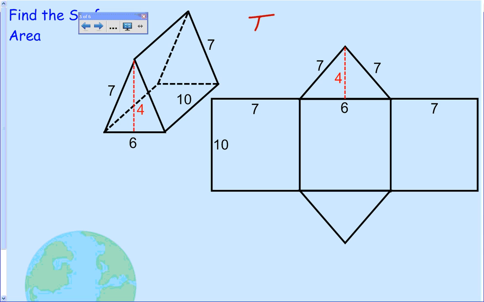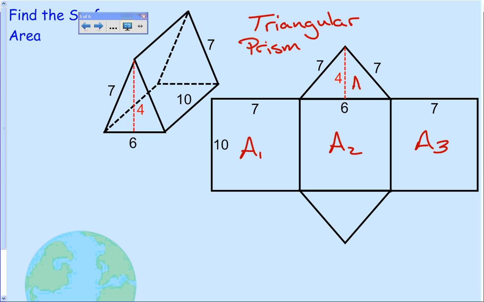All right, so now we move on to our triangular prism. And so this one is actually made up of area 1, area 2, area 3, area 4, and area 5. Okay?